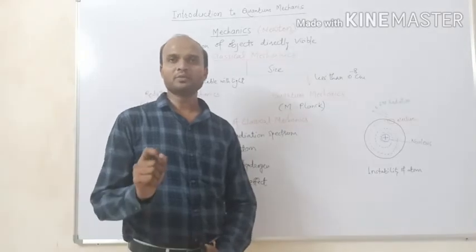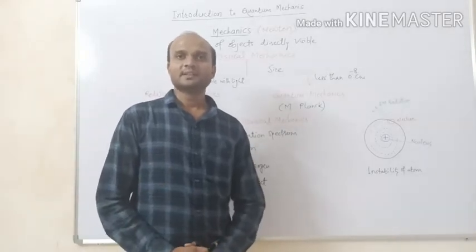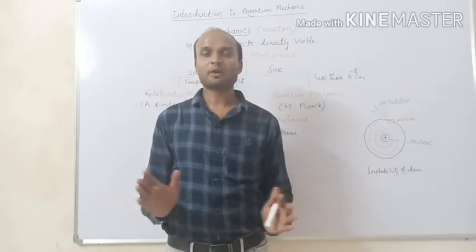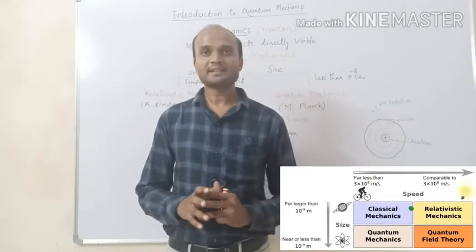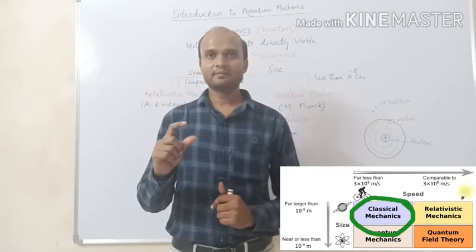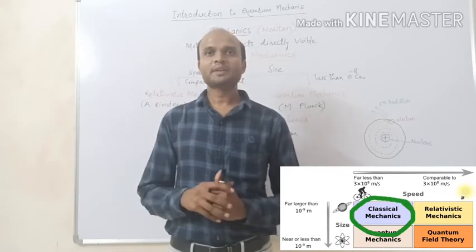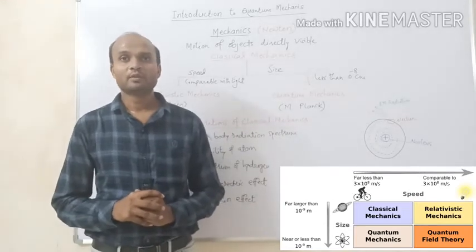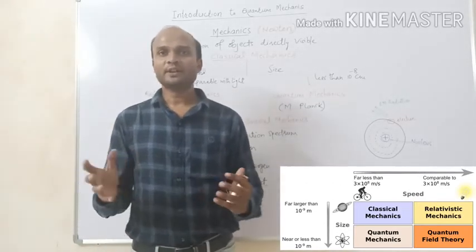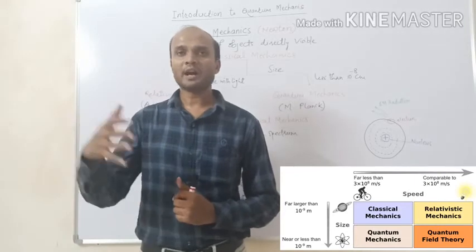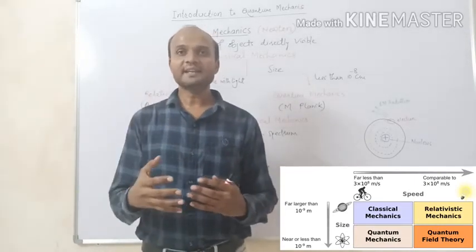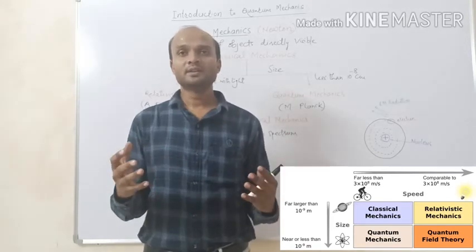But I want to mention one thing here, that it doesn't mean that classical mechanics completely fails or it is completely wrong. Classical mechanics is valid. Till today also we can use the classical mechanics to explain the motion of objects in our day-to-day life. For example, motion of a car, motion of a ball, then motion of satellite, motion of earth around the sun.